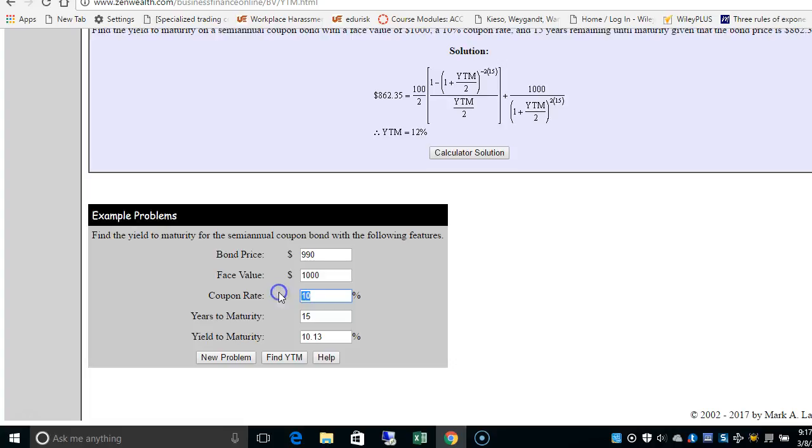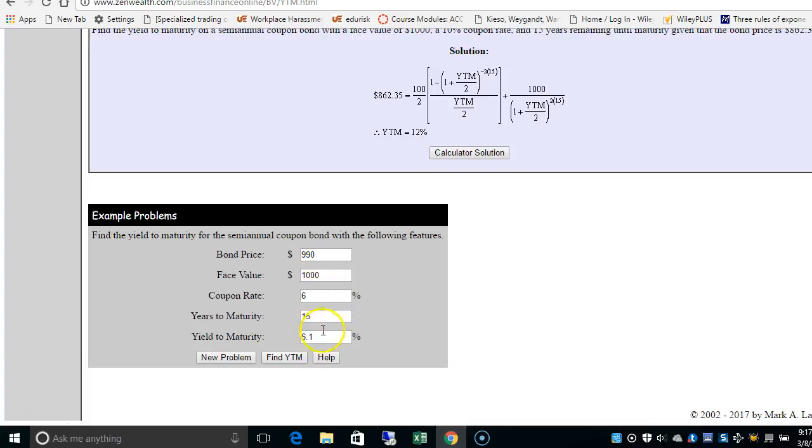Let's say the coupon rate goes down to 6%. Essentially, we're going to earn a little bit better than the coupon rate, which is the difference really between the bond price and the face value. Essentially, the discount rate and the coupon rate are virtually the same.